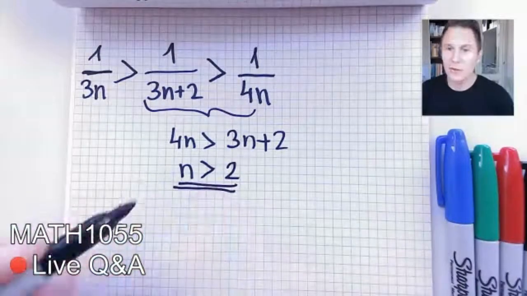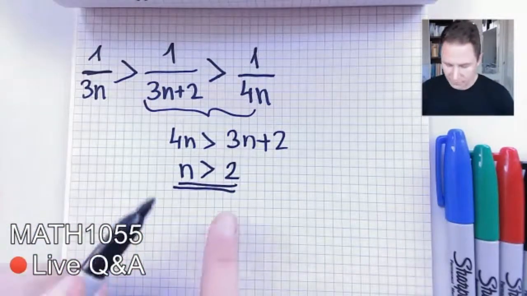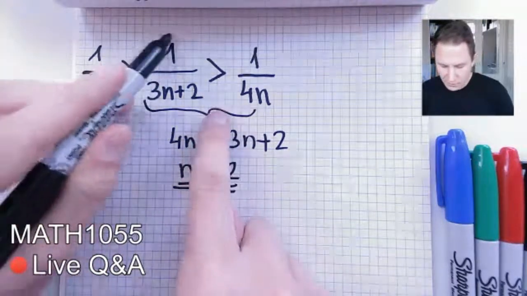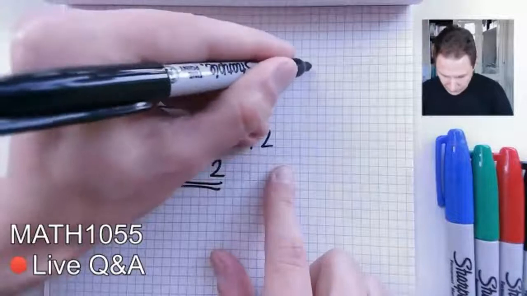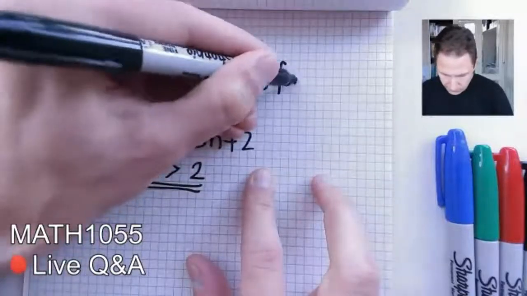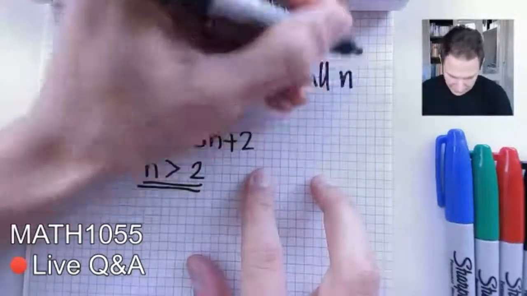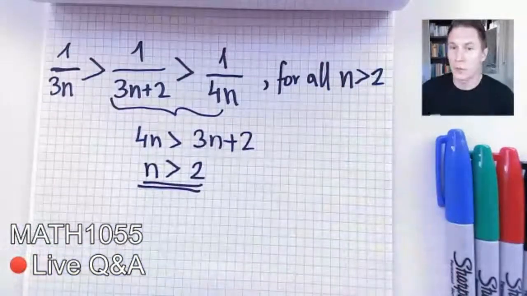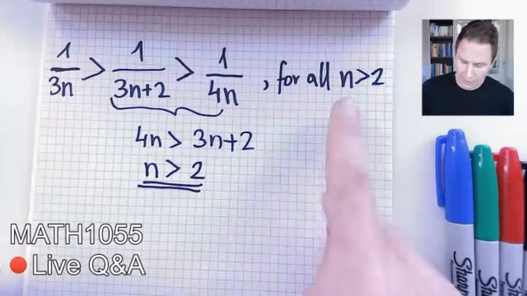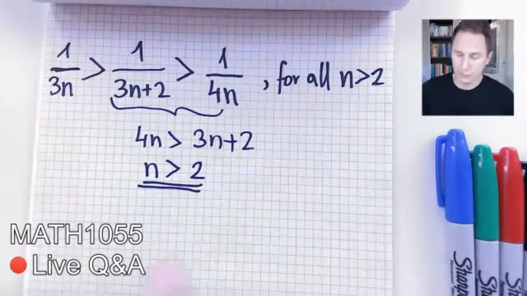Okay, so I can compare the sum of these numbers to the sum of these numbers for all numbers that are greater than 2. So starting from the third term, for n equals 3, I already have this inequality.